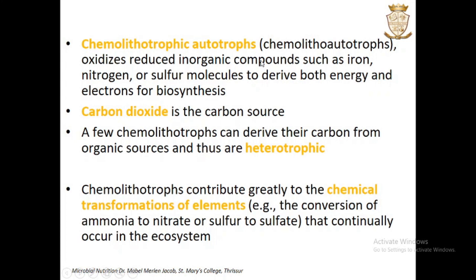So chemolithotrophs can exist both as autotrophs and heterotrophs. They contribute greatly to the chemical transformations of elements in the nutrient recycling that continually occur in the ecosystem, such as conversion of ammonia to nitrate, sulfur to sulfate. So chemolithoautotrophs have a major role in that.